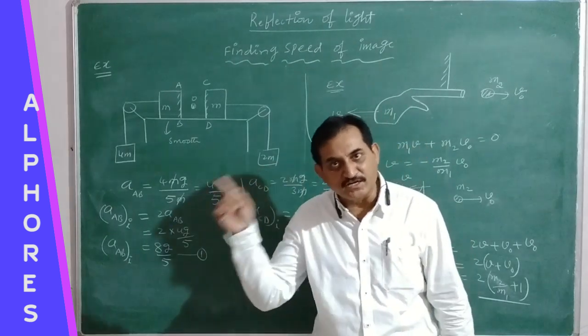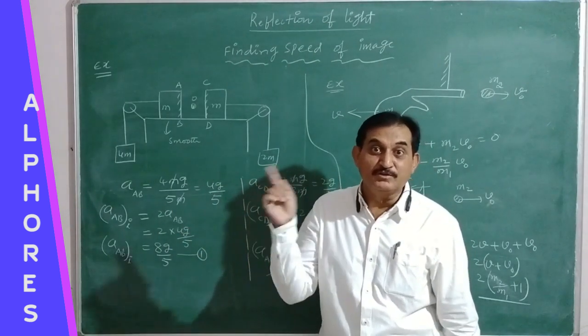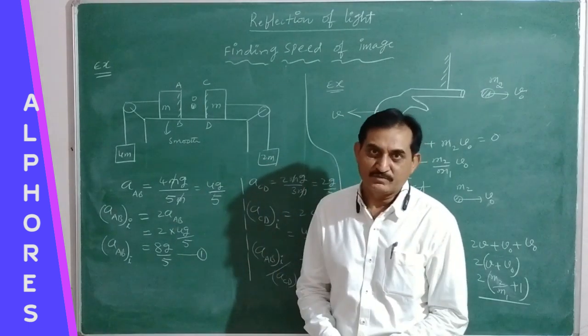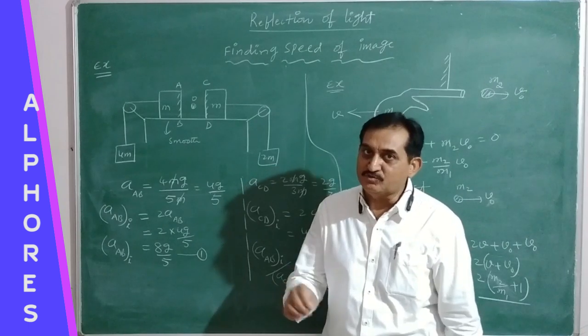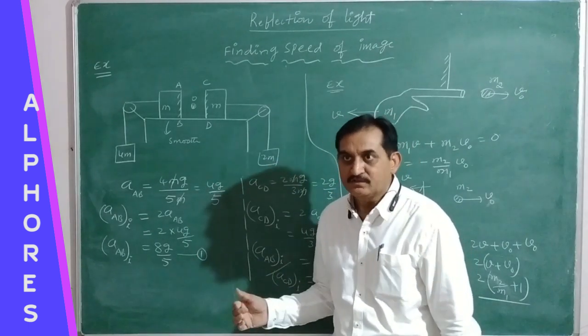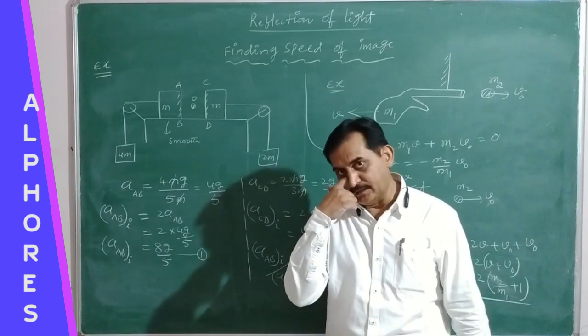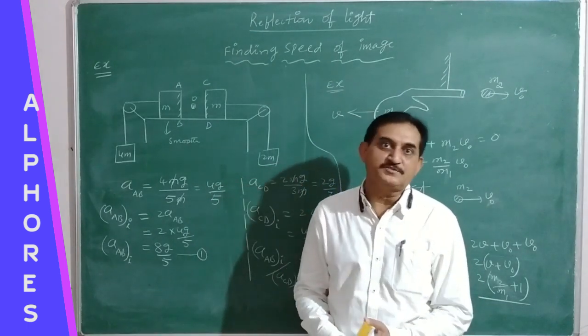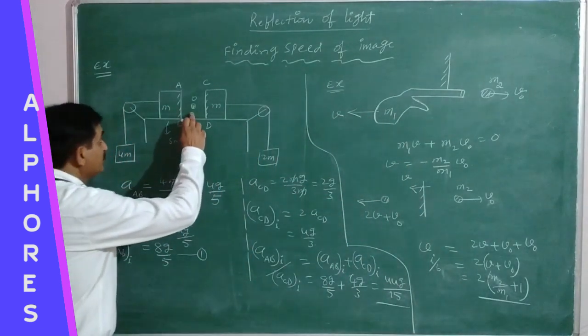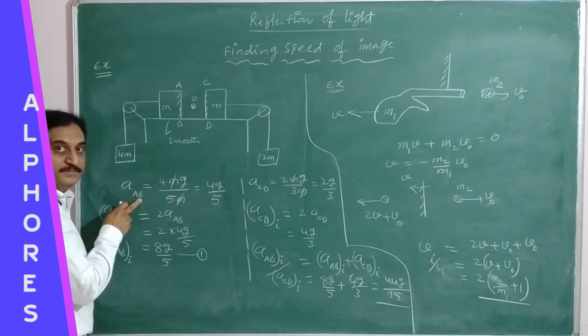This is similar to the speed being double that of the speed of the plane mirror. We already discussed it. In a similar manner as we used for the velocity condition, we again use the same condition for acceleration to find the acceleration of the image in the plane mirror. Okay. Now, in this case, find the acceleration of AB.